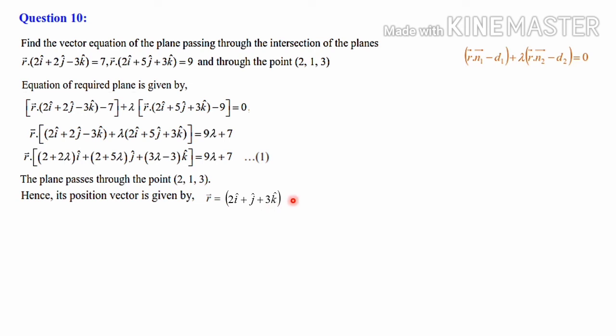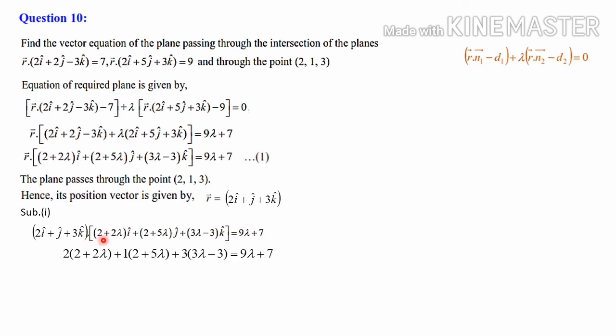Then we have to substitute this in equation number 1. So r becomes 2i cap + j cap + 3k cap, and the balance is the same: (2 + 2 lambda) i cap + (2 + 5 lambda) j cap + (3 lambda − 3) k cap equal to 9 lambda + 7. It is a dot product of two vectors, so we multiply the scalar components: 2 into (2 + 2 lambda) plus 1 into (2 + 5 lambda) plus 3 into (3 lambda − 3) equal to 9 lambda + 7.